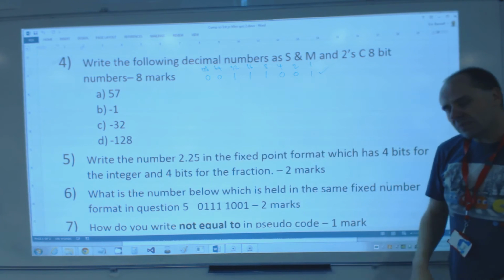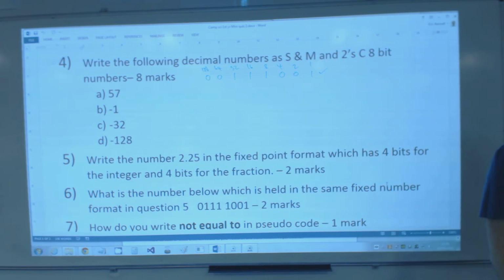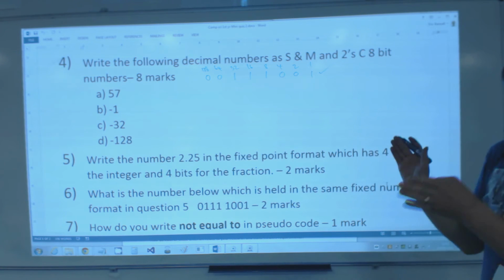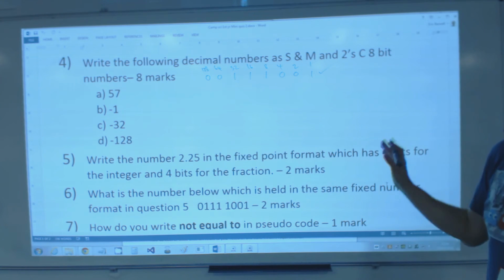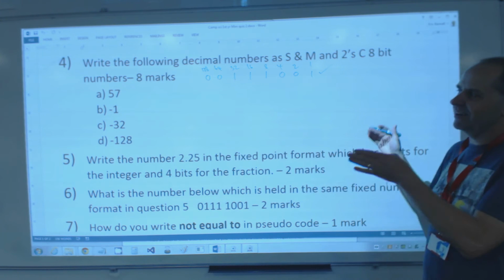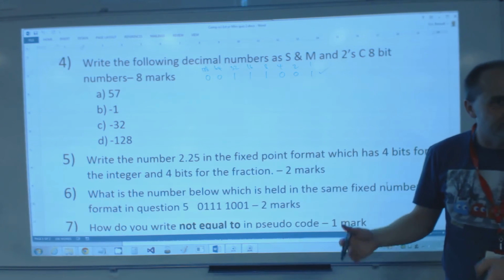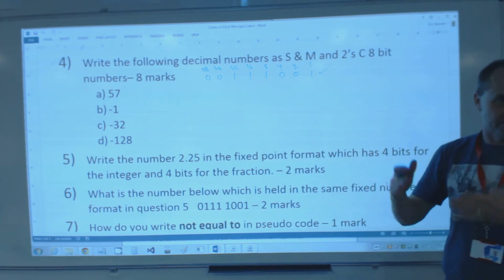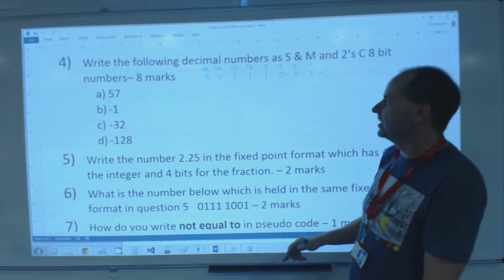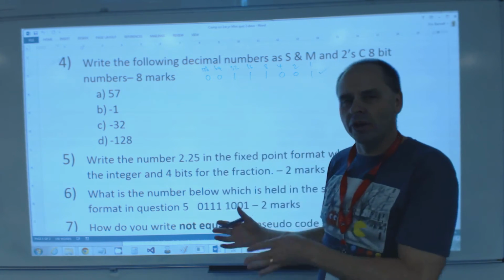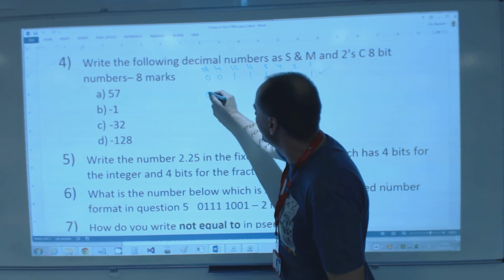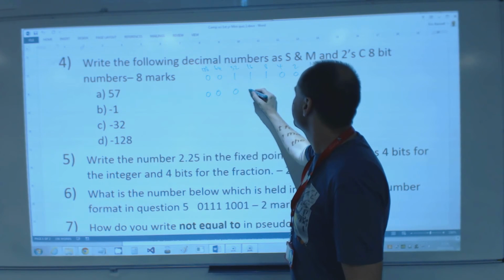Right, the next one. -1. Now we'll assume you don't remember that -1 is just all the ones. So what we do, if we want to write down a negative number, we say, I can't do that directly. What I'll do is write down the positive version, and then I'll perform 2's complement, and that'll give me the negative, which is the final answer. So I'm going to put a sign bit of 0 and write down 1.